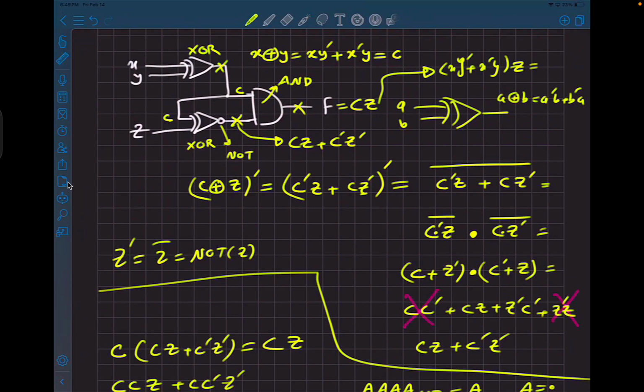So if you multiply, the simplest version becomes x y bar z plus x bar y z, and that is the final answer for output of this circuit.